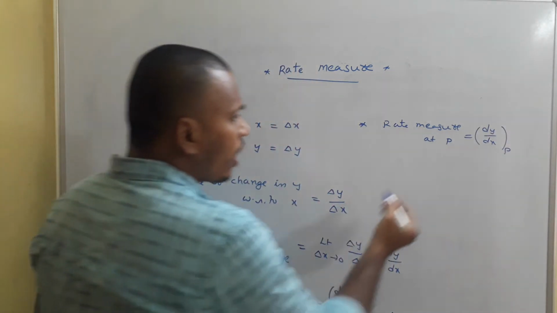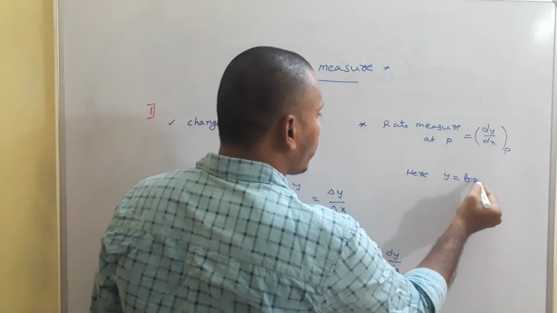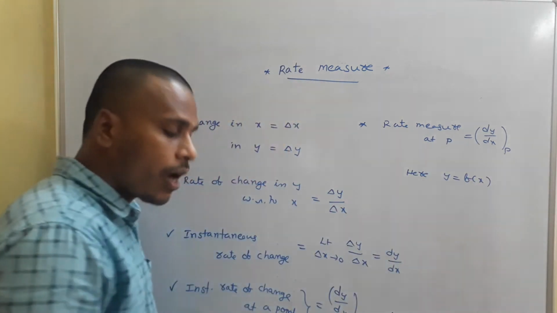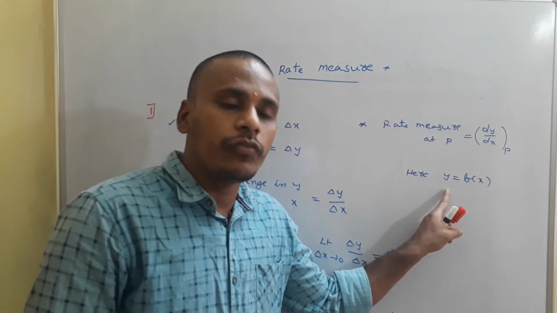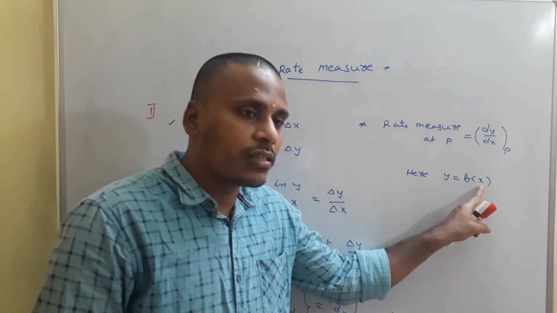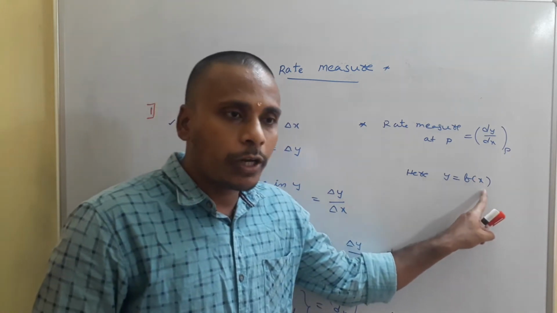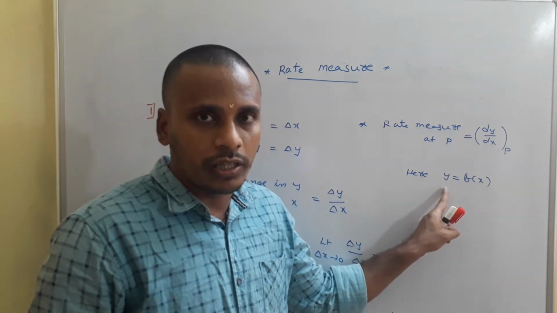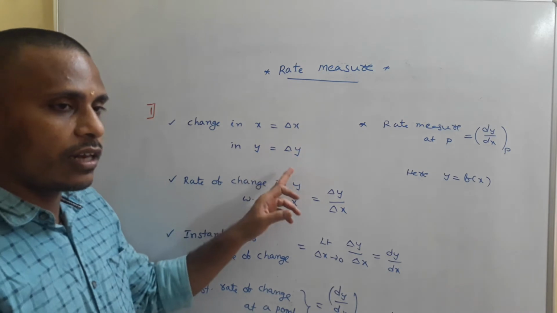For this, initially we need a function y equals f of x. As x changes, y automatically changes, and here x is the independent variable and y is the dependent variable. The change in x and the change in y are represented as delta x and delta y.